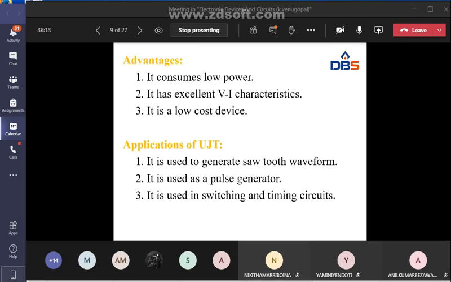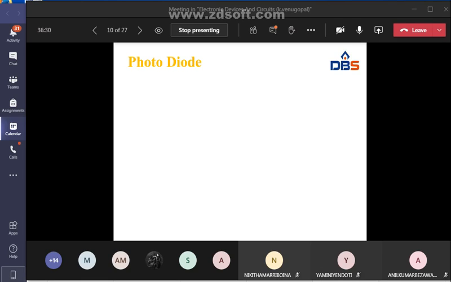Due to the negative resistance property, the UJT can be used as a relaxation oscillator. So that is about UJT.